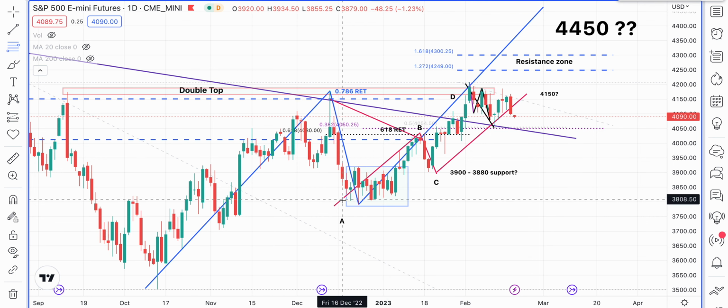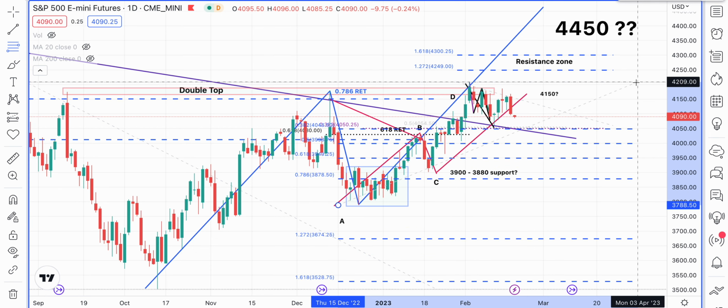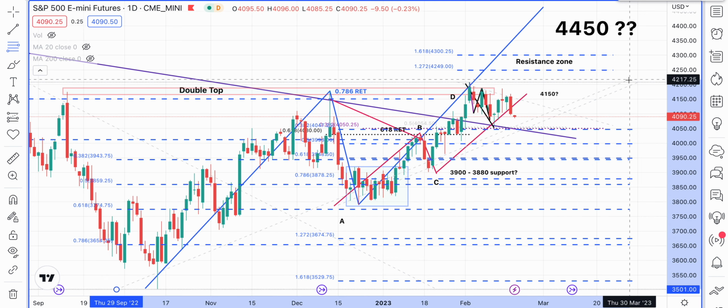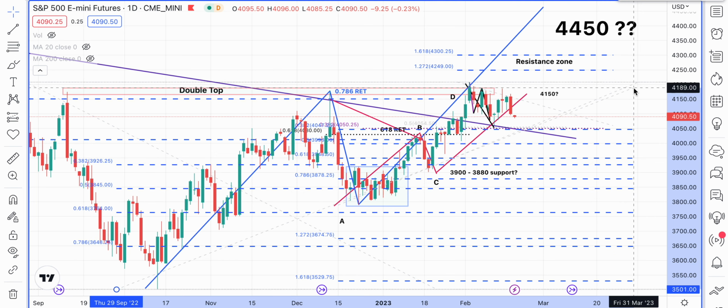Perhaps it could go and do a correction or a pullback rather to the levels of 50 to 61.8% Fibonacci retracement, or even the entire market upside which we have seen since 13th of October last year.